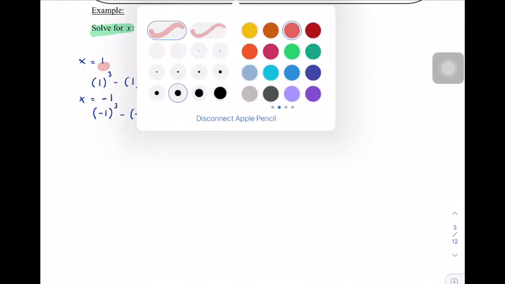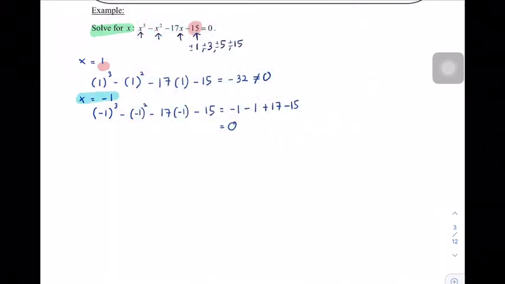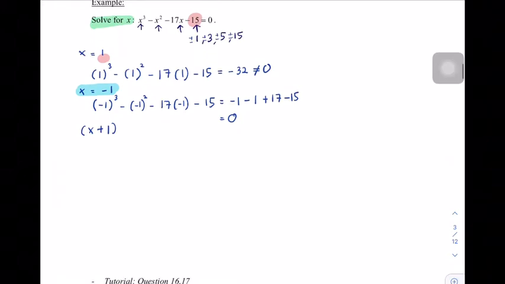So that means x equals negative 1 is a root of this cubic equation. So our factor will be x plus 1, right? That means we have found the first factor for this cubic equation.